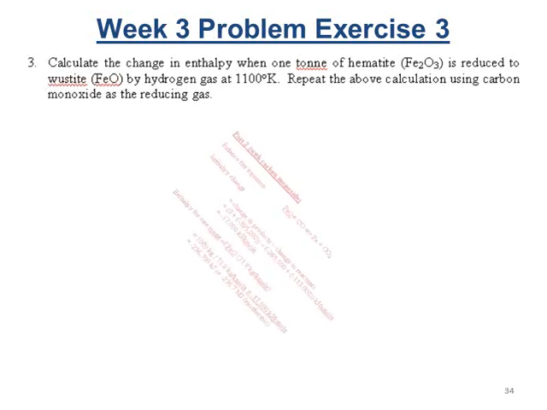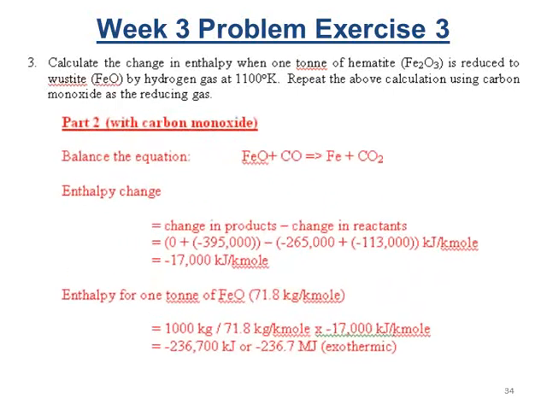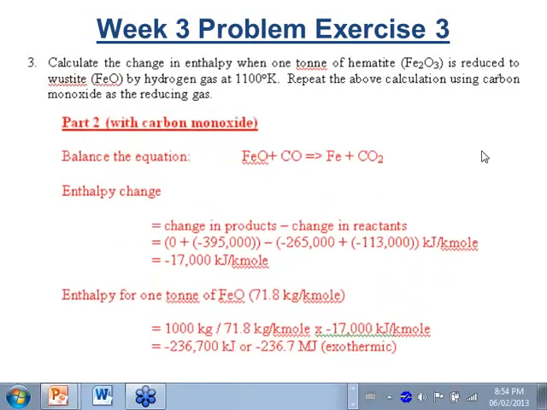In the case for carbon monoxide as the reducing gas, where you want to reduce wustite with carbon monoxide to metallic iron, you follow the exact same methodology: go to the enthalpies of formation table, and determine the change in enthalpy of the products minus the change in enthalpy of the reactants.